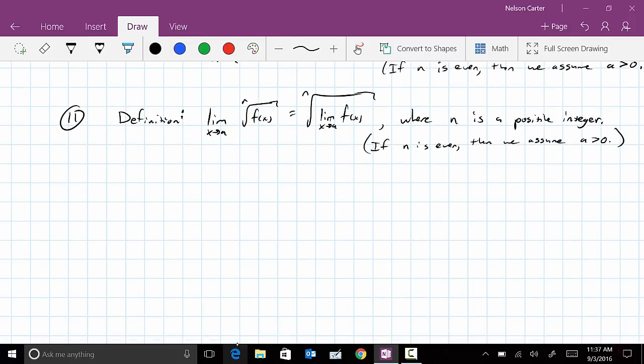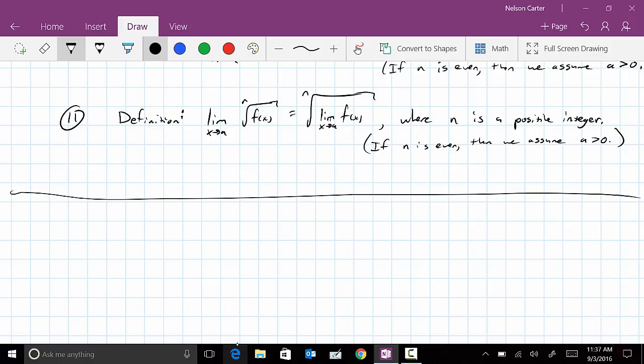All right, that's great. So now let's go through an example with all these limit laws. These are all the different limit laws that we have, and you're going to need to know all of these. So here's an example that we use for these.